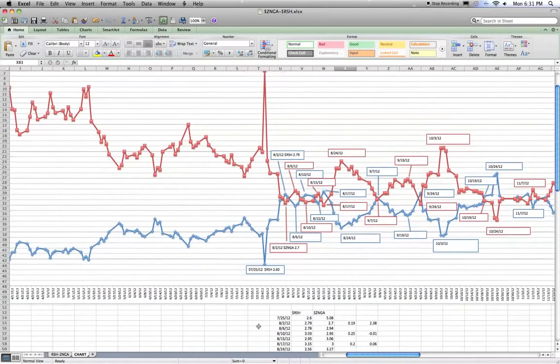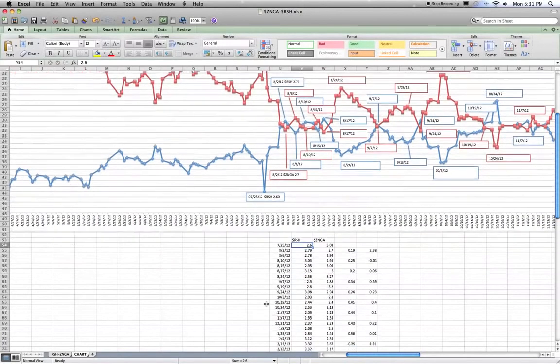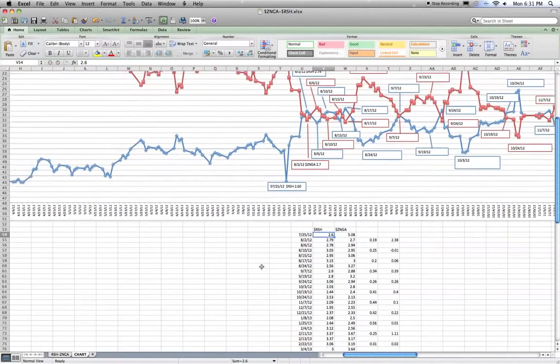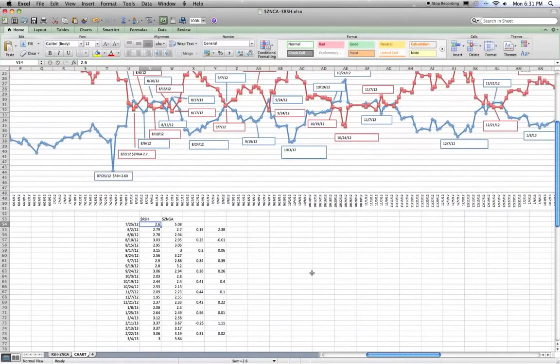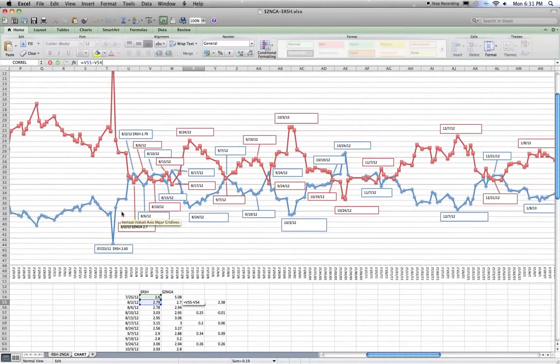So it turns out that if you were to do this for all of these, they're actually pretty profitable. Sometimes, we'll take this example, the very first signal we got.